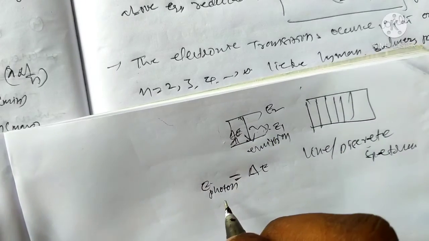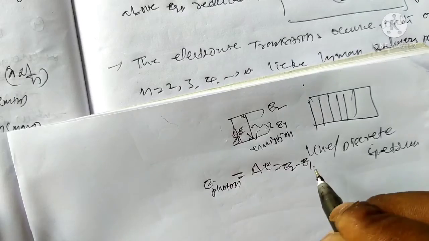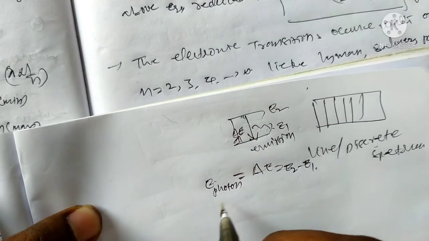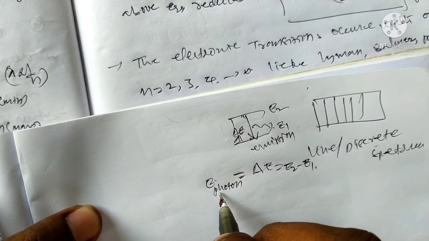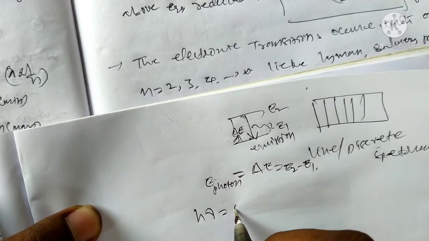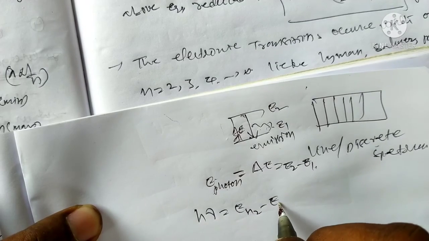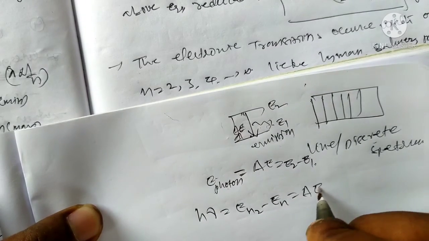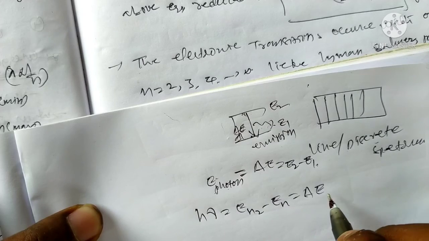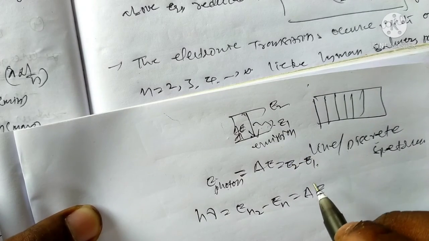That is, the energy difference is nothing but E2 minus E1. In the form of photon energy, h nu is equal to E n2 minus E n1, or delta E, the difference between the energy states, that is, higher level minus lower level.